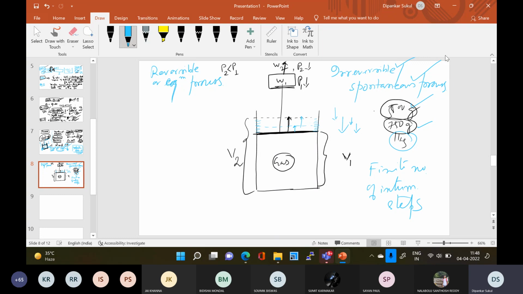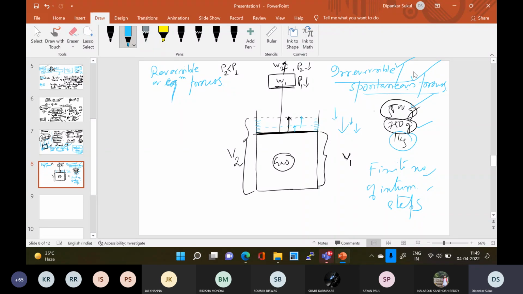Whatever may be the number, it may be 1, it may be 1 lakh, as long as it is a finite number of intermediate steps, it will be an irreversible or spontaneous process. Why is it spontaneous? Why is it irreversible? I will come to it one by one.